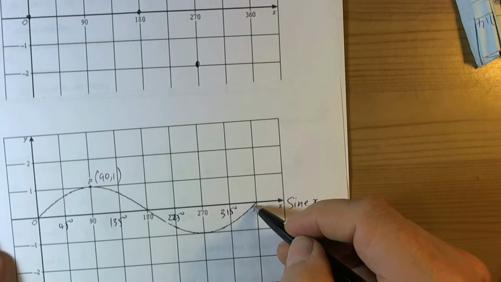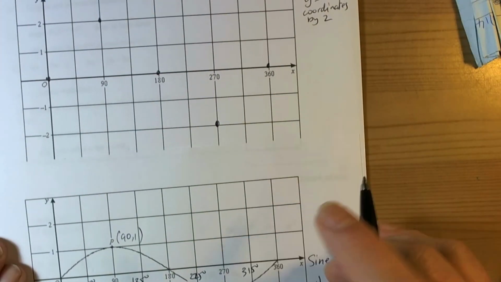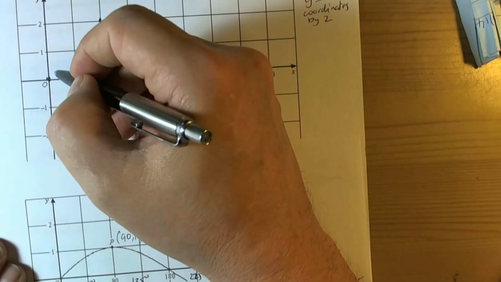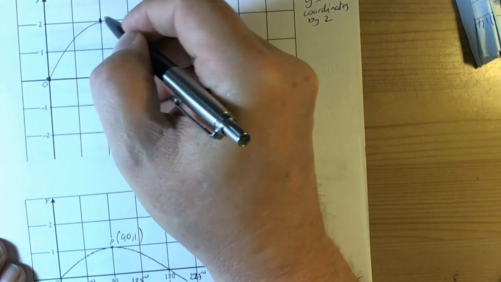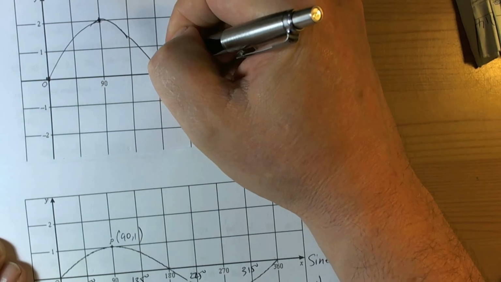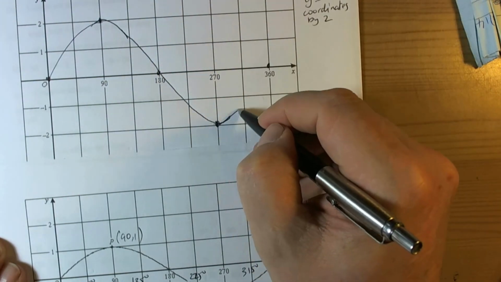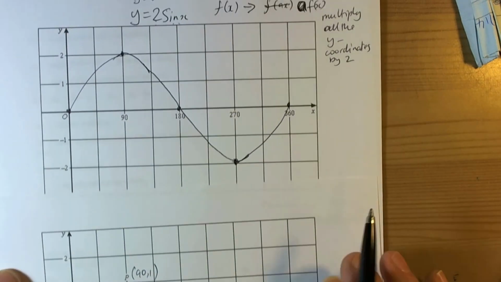The 360 value on the original curve was 0, so that's going to stay as 0. So basically what we've got to show with this is that the curve has now gone to an amplitude of 2 down to negative 2. Okay, so that's the important thing about this one.